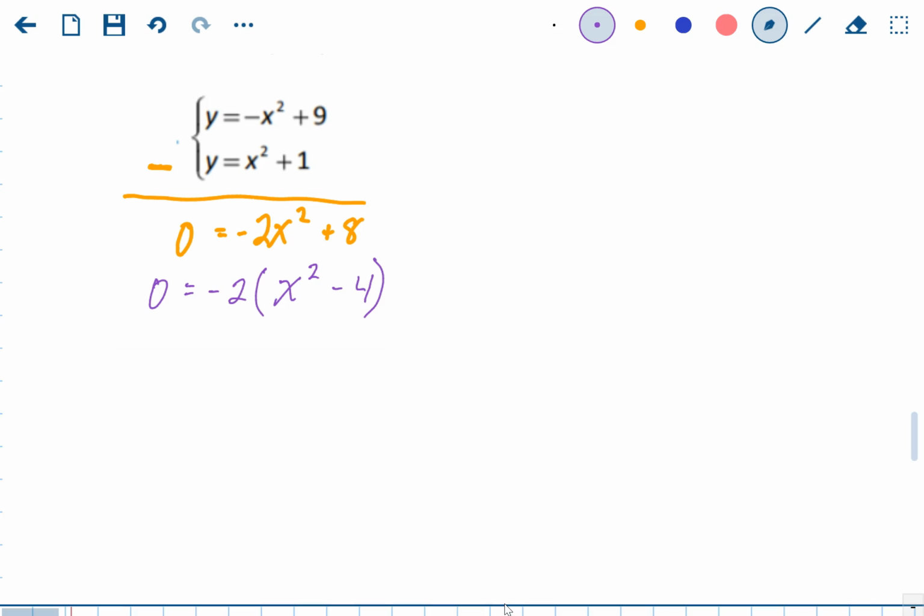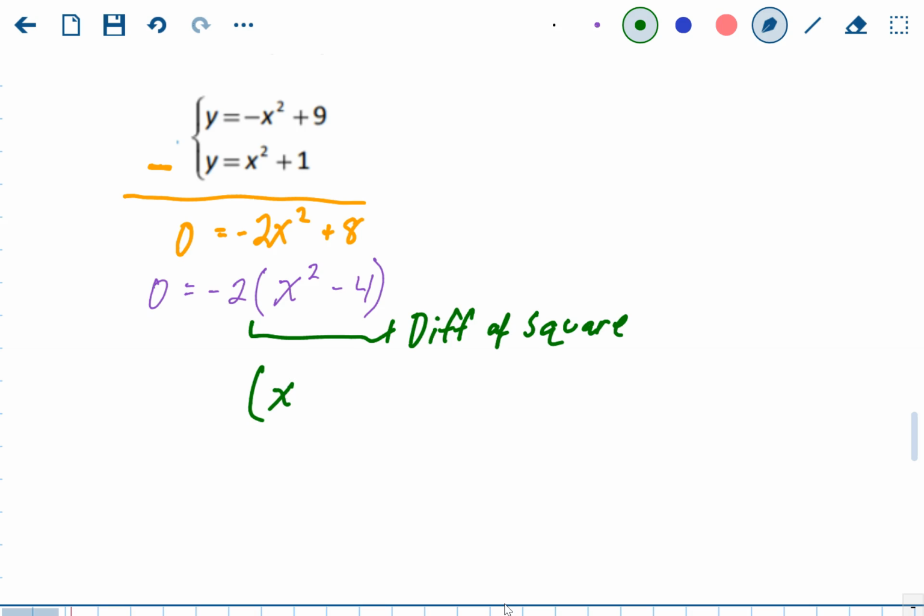Okay. Well, how do I factor that? Well, if you recall from our patterns, x squared minus 4, it's 2 terms, both are perfect squares, and you're subtracting. This is a difference of squares. Difference of squares always follows the same pattern. It's the square root of the first term and the square root of the second term.